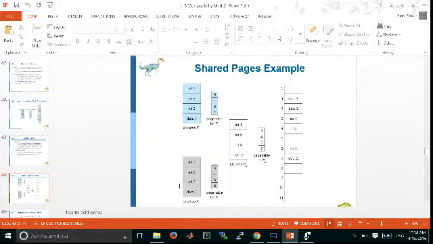Pages 3, 4, and 6 are shared among three different page tables, and therefore mapped into all three of these virtual address spaces. In this case, we see them being mapped in the same place in the virtual address space, but that's not even necessary. It's up to the operating system. You could put them in different places, right?